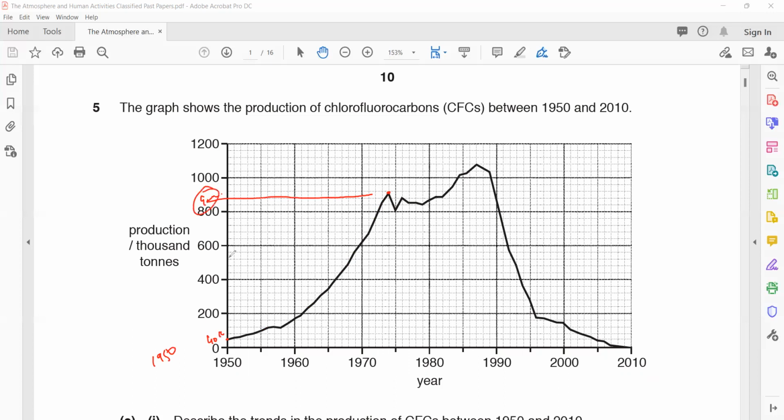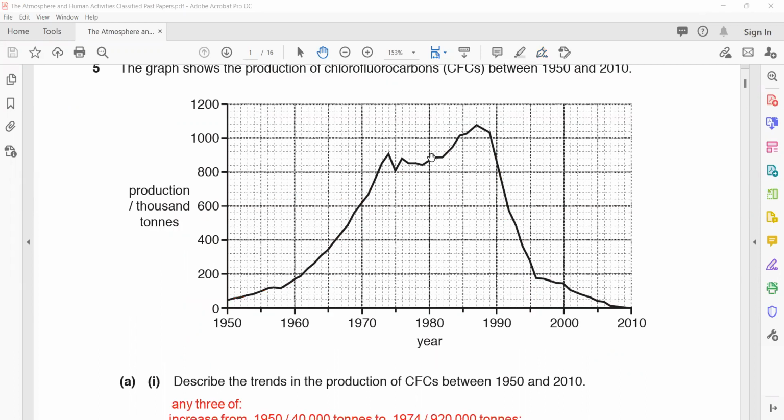So you can put the values also, and if you put the values, it's better. First of all, you can say there is an increase up to 1960, but it's a slow increase. But after that there's a rapid increase, then a little bit of decrease, then again a slow increase, then a rapid decrease. So this is how you describe a graph.